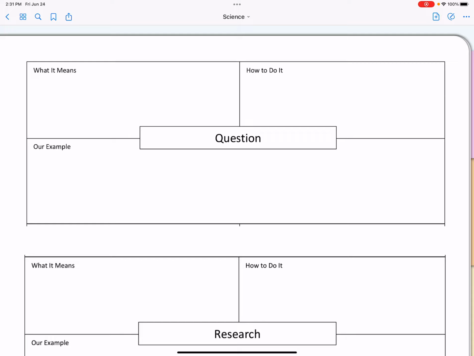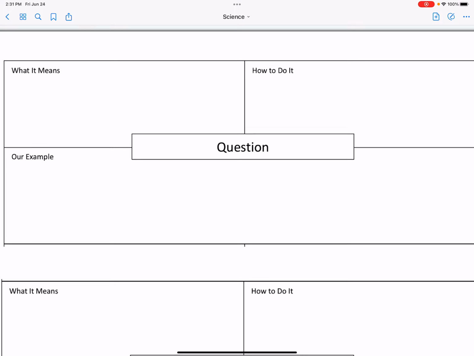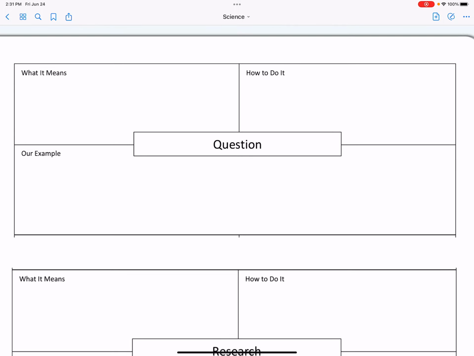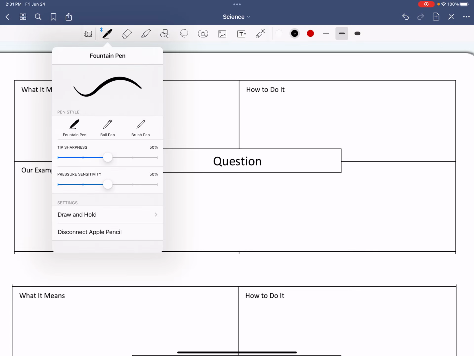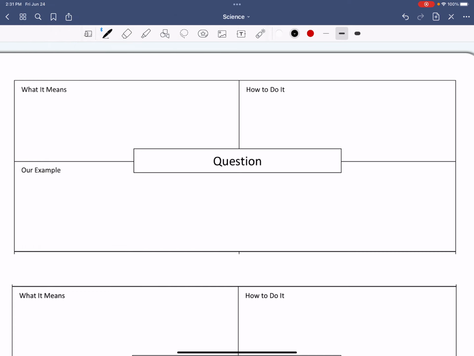So with this first step, we have the question process. And in this first box up here, it's asking me what it means to question with respect to the scientific method. So here's what we want to add in the question, what it means.